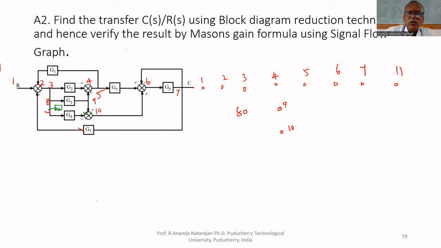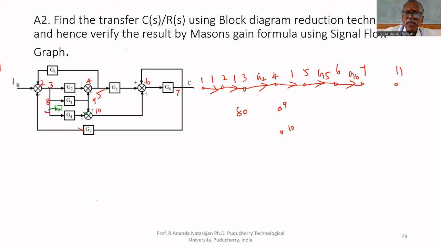So 1 to 2, what is the gain there? 1. 2 to 3, unity gain. 3 to 4 gain is G2. 4 to 5 no gain. 5 to 6, what is the gain? G5. 6 to 7 G6.